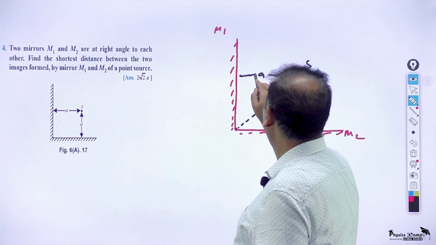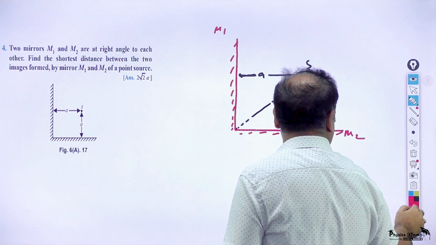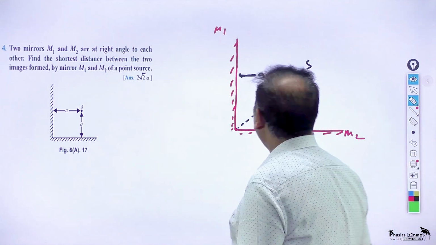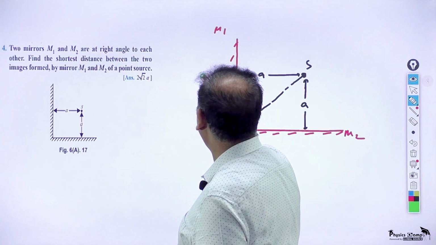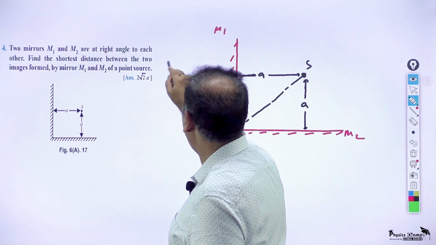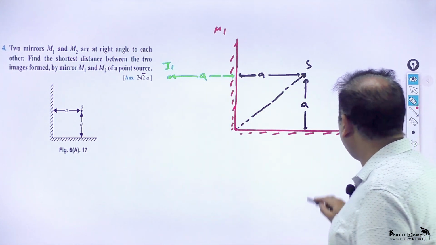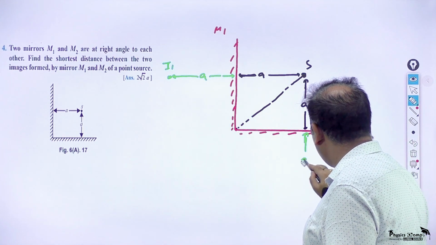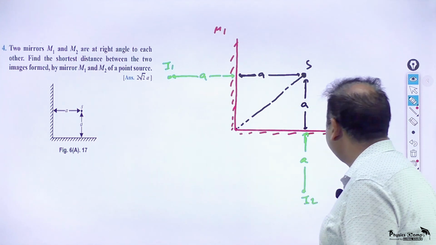तो आप देखिए ये source S है, तो source S की जो पहली इमेज बनेगी, one, this will form at a distance A, the image over here, I1. And secondly, at a distance A from here, it will form an image I2.